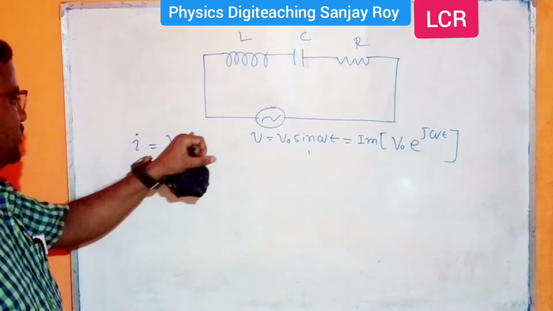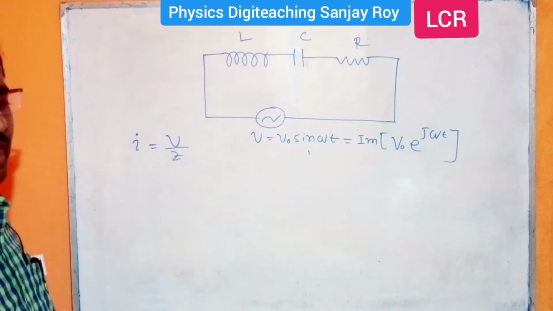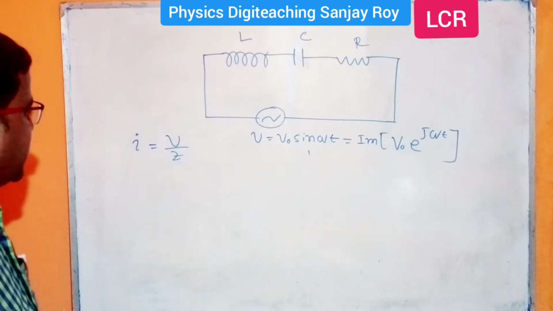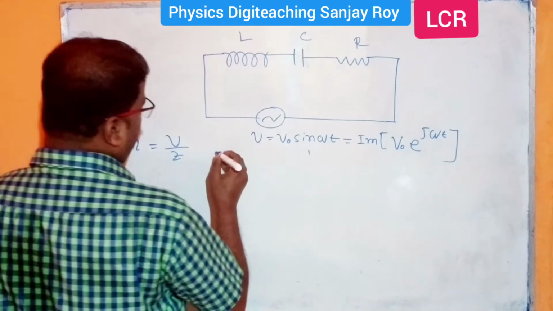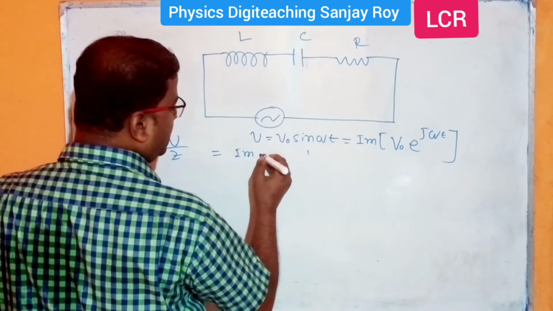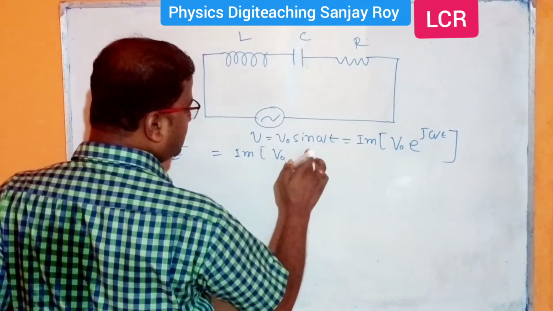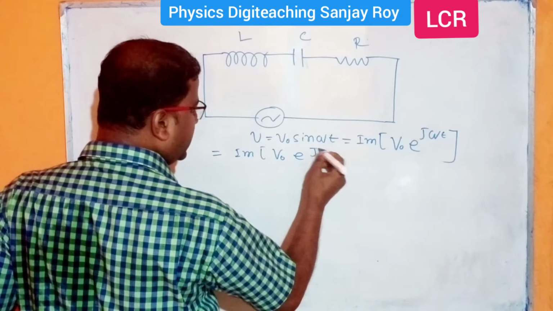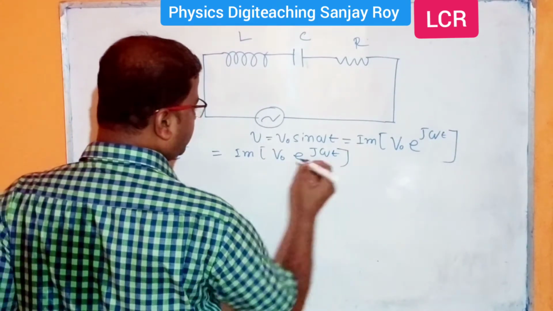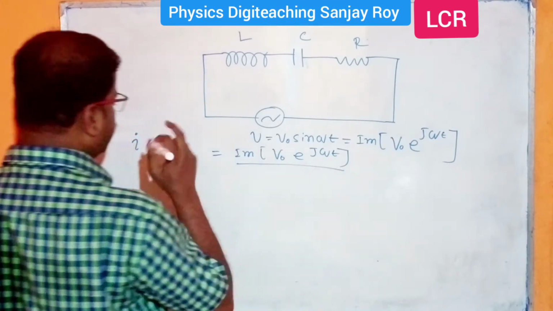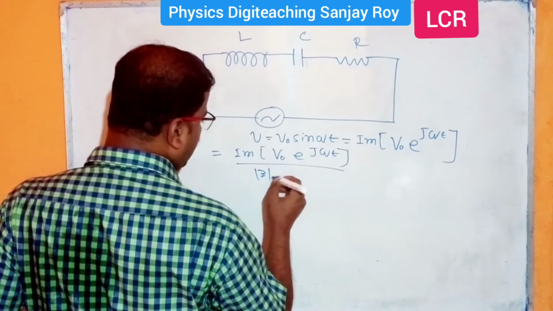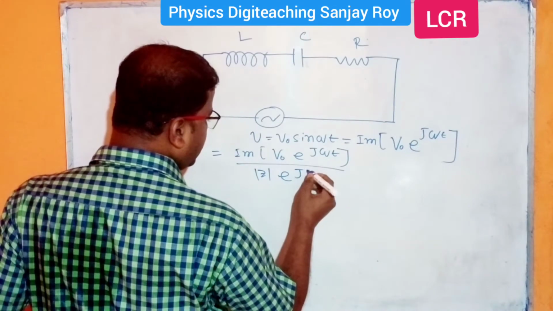We know from Ohm's law, V equal to I into R. Here R is replaced by the impedance Z, and we see that V equal to imaginary part of V0 e to the power j omega t divided by Z, where Z is the impedance, mod Z e to the power j theta.